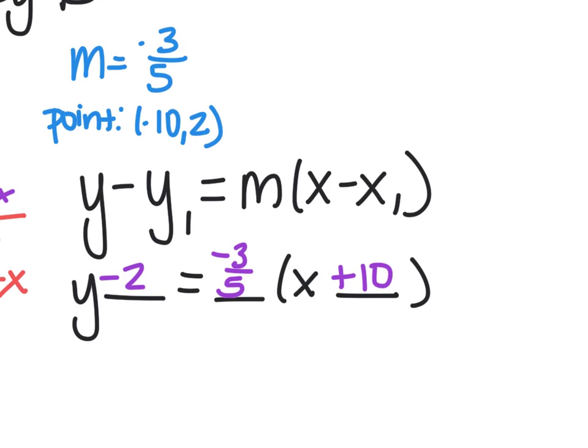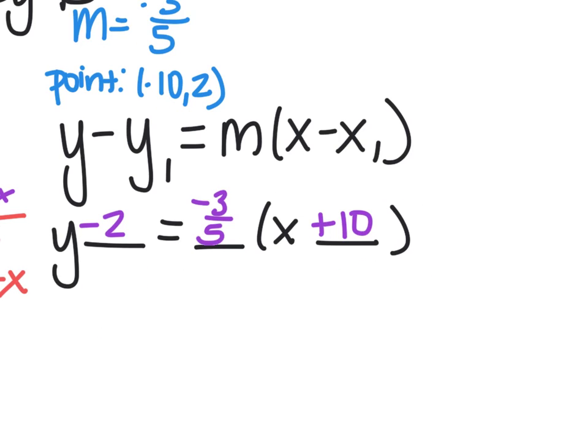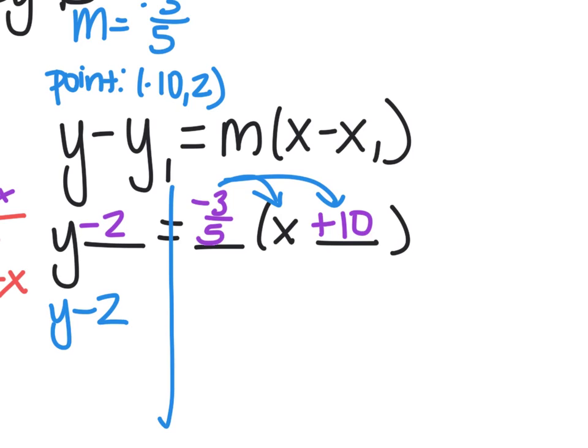Now I get to distribute and simplify. So I'm going to distribute negative 3/5 in here. So I still have y minus 2 on the left. Draw my line. Equals negative 3 over 5x. And negative 3 over 5 times a positive 10 is actually going to give us a negative 6.